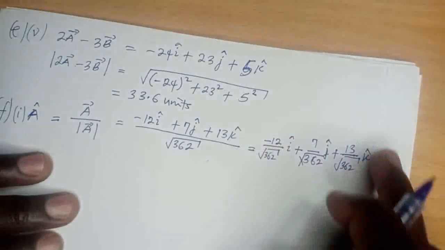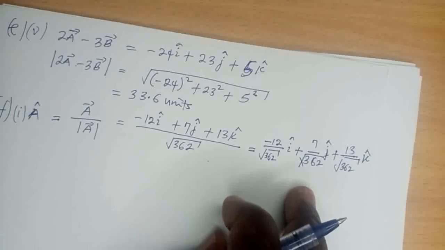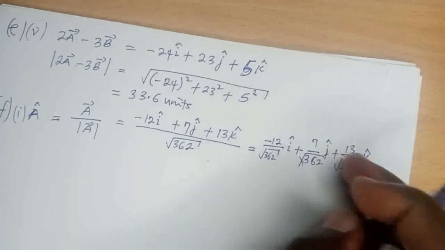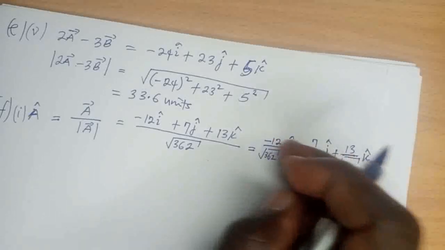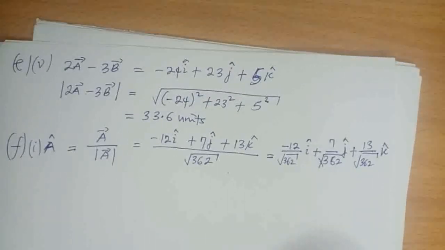This one is the unit vector in the direction of a, and remember unit vector has a magnitude of 1, so try calculating the magnitude of this as an exercise and it will give you 1. Believe me, it will give you 1.